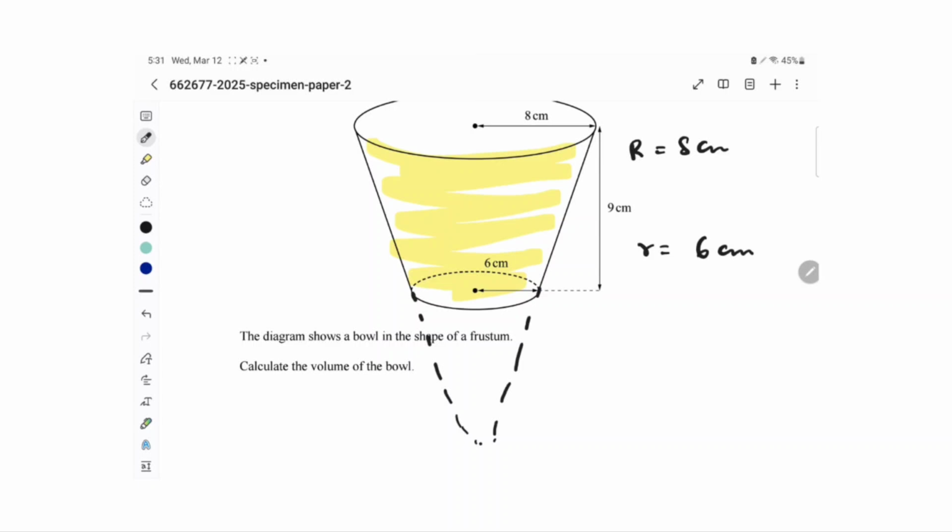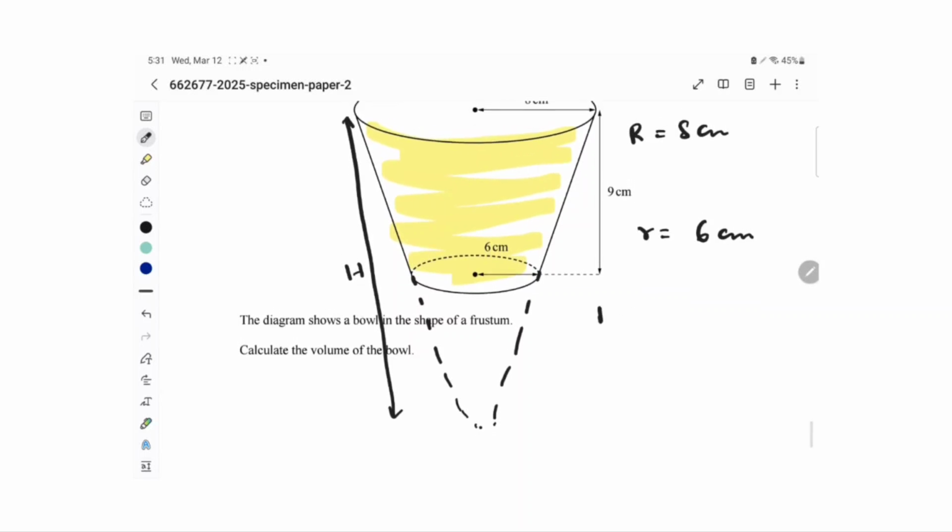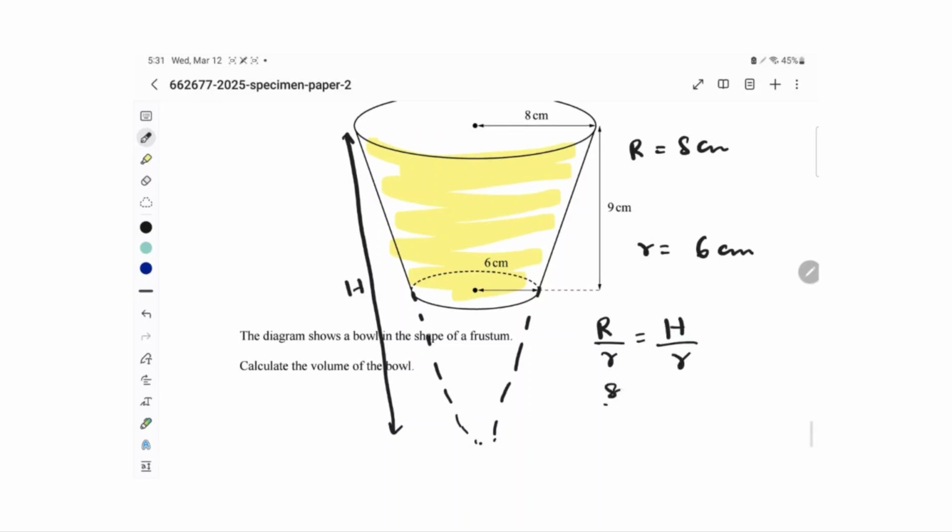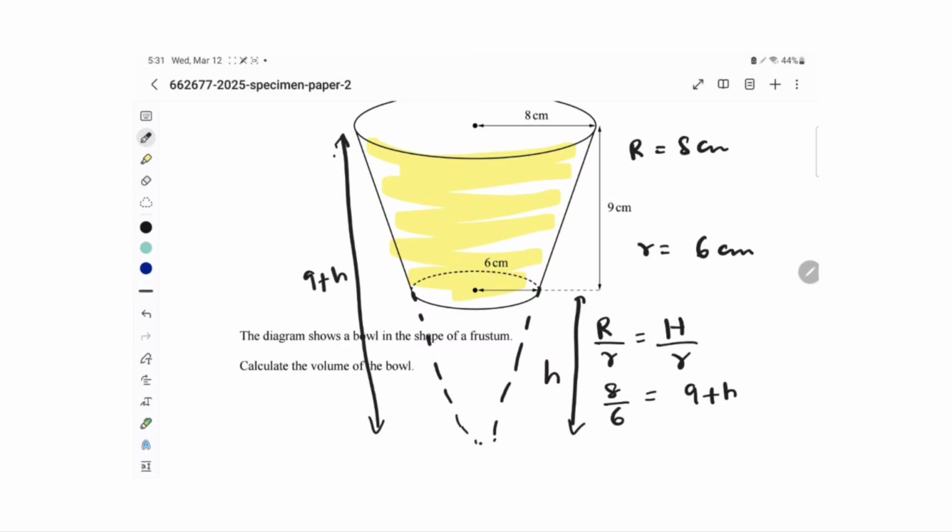The ratios are equal, so 8 over 6 is equal to, for the smaller cone with height small h, the bigger cone's height will be 9 plus h over h.